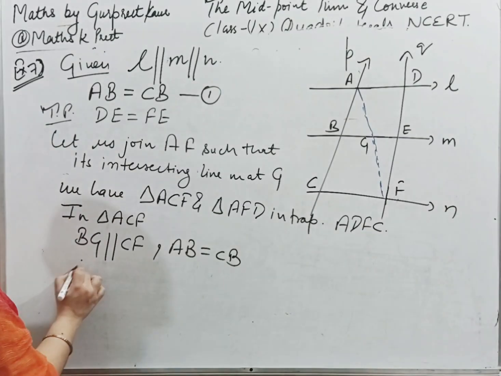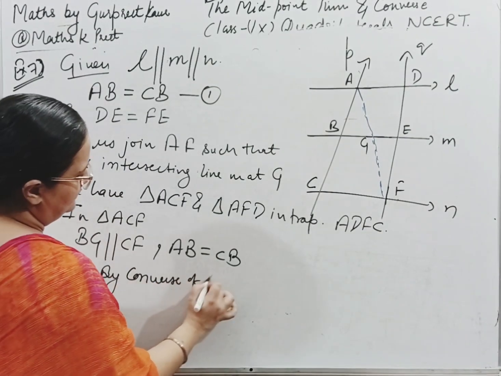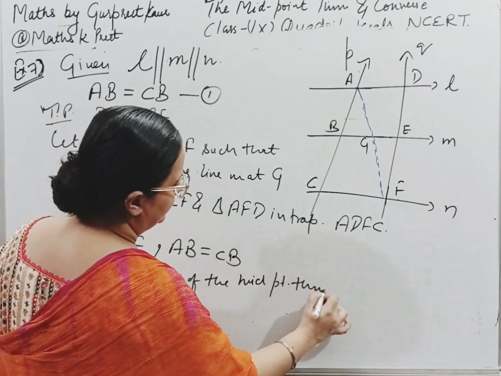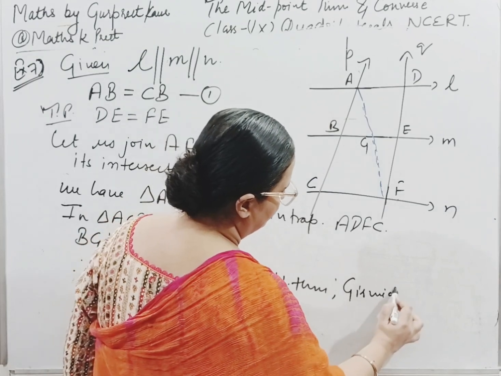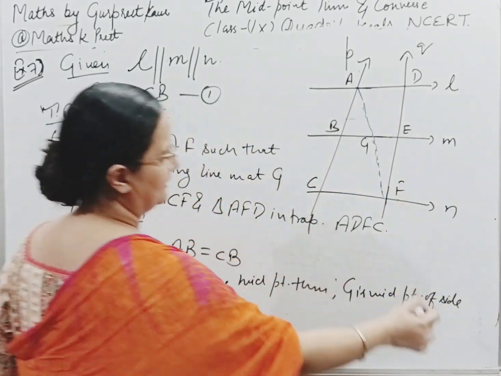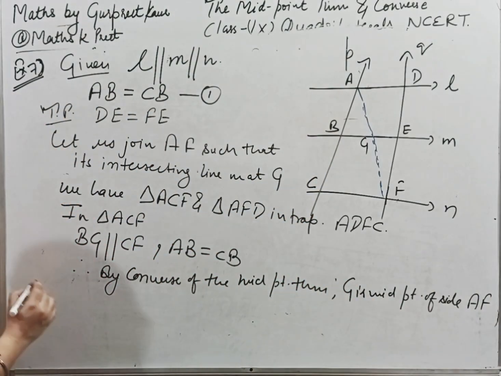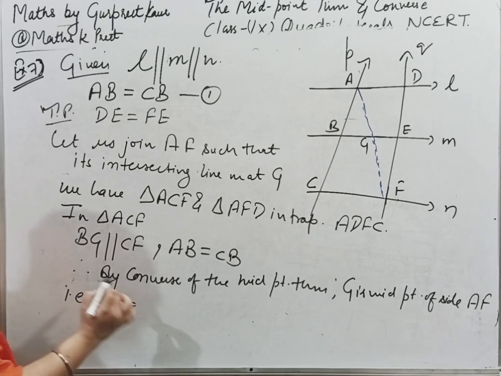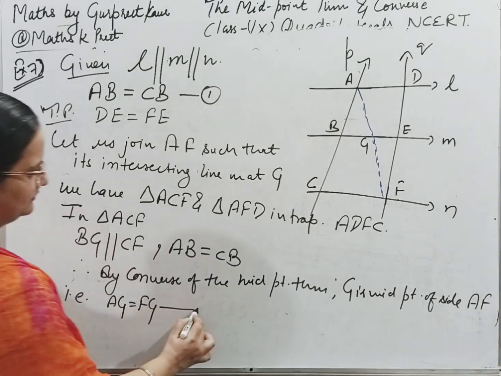Therefore, by converse of the midpoint theorem, what can we write? We can write G is midpoint of side AF. That means, we can write AG is equal to FG. Mark it number 2.